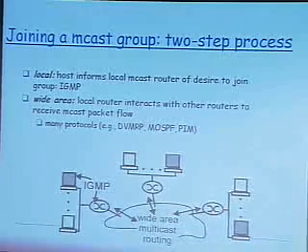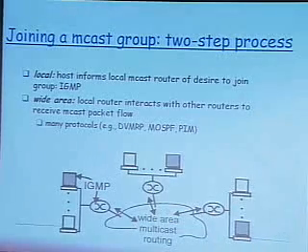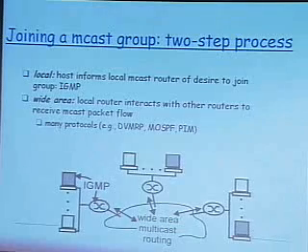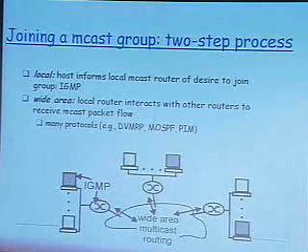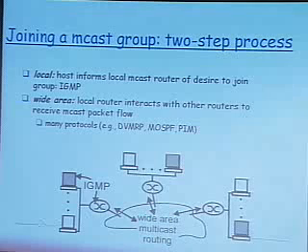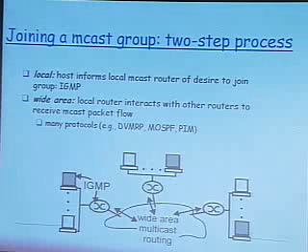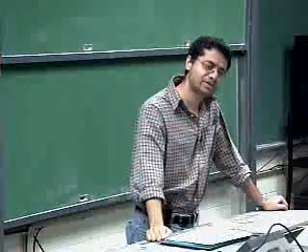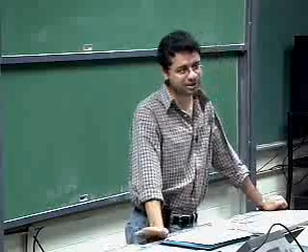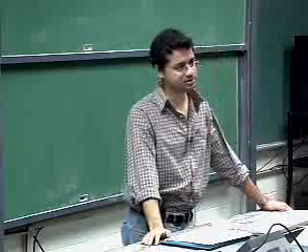But the way it's designed on the internet to work on the network layer, the local host will inform the multicast router that I want to join a particular multicast group, and then the router will talk to other multicast routers. Now, if you remember IPv4 addressing, the class D address is reserved for multicast groups in the class-based addressing scheme, and irrespective of CIDR, that still holds.